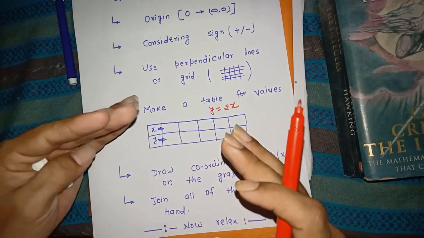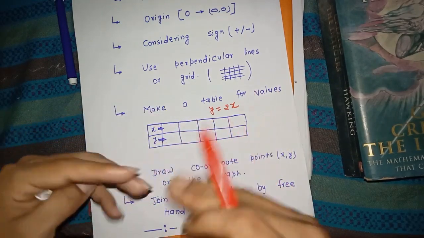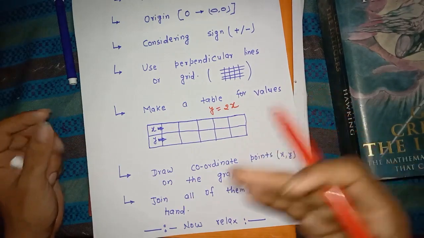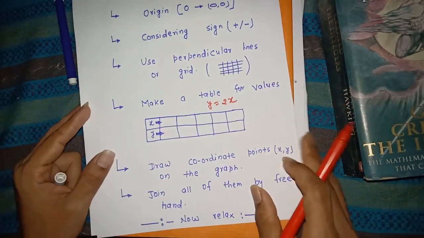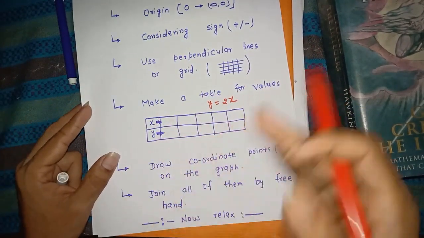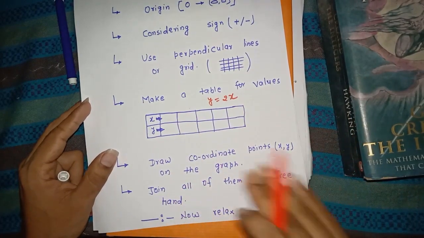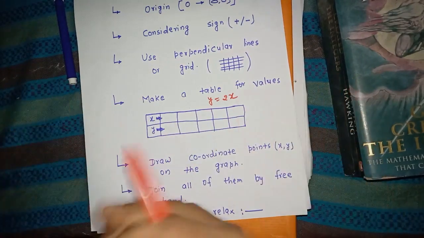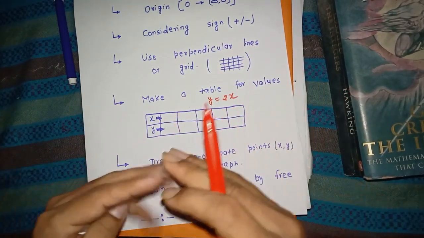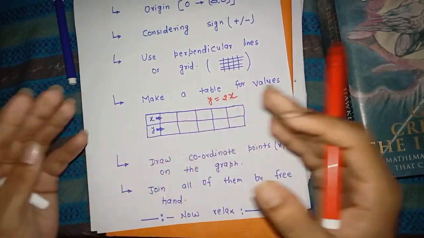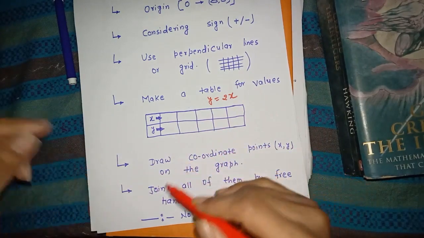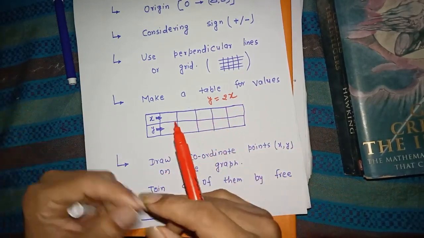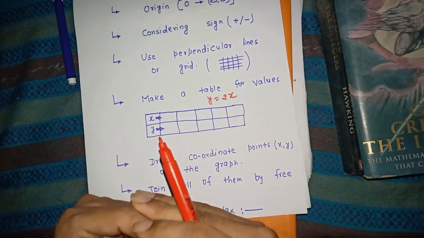We have to take all the values, draw the points, and join them all by freehand, not by scale or measuring tools, but by freehand, and you can nearly get the actual graph of the relationship.